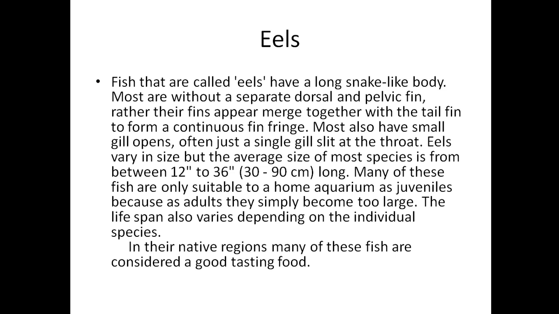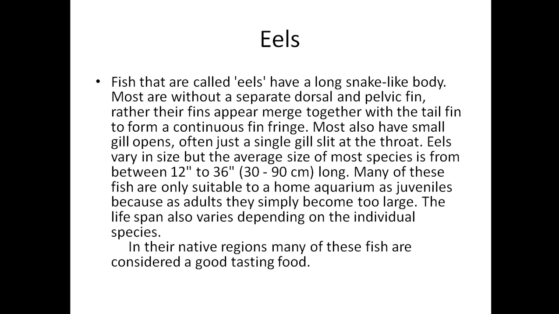And even the fins are not visible. In many species, the dorsal fin and pelvic fin have merged together with the tail fin. So that's why the fins are not visible separately, because the pelvic fins, dorsal fins and anal fins merge together with the tail fin.